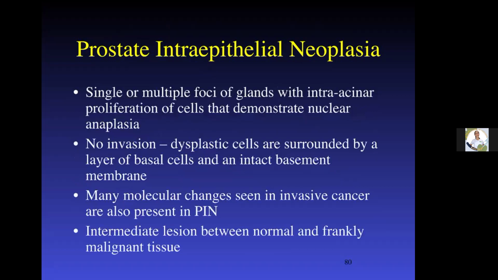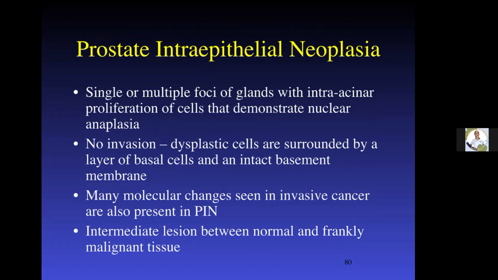So what are these PIN? They are single or multiple foci of glands with intra-acinar proliferation of cells that demonstrate nuclear anaplasia. There is no invasion. The dysplastic cells are surrounded by a layer of basal cells and an intact basement membrane. So here, again, the basement membrane is very important because there is no invasion in the stroma yet.